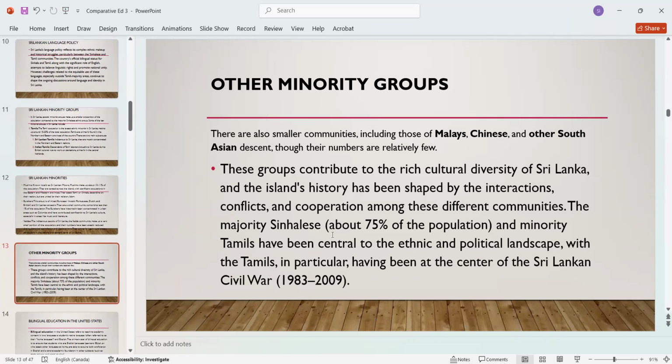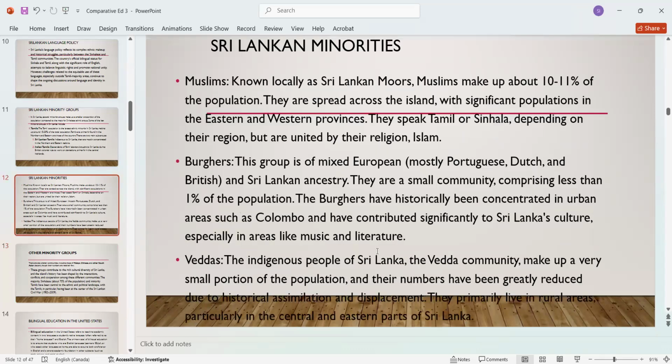Their pronunciation and accent are different, right? So you'd have heard that, right? The Vedda community leader used to speak on TV, right? So you'd have heard. So those are the minorities in Sri Lanka.